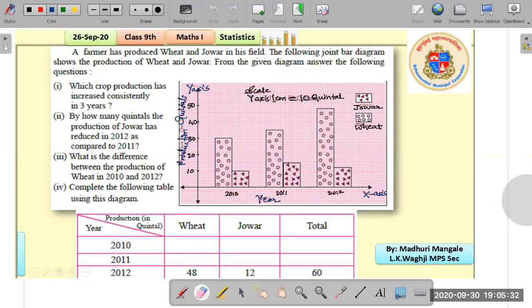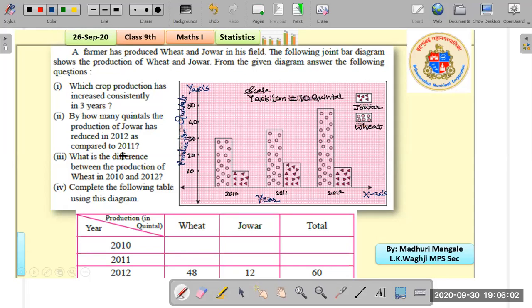So as you can see here, we are already given data for 2012. That is, wheat production was 48 quintals and jowar was 12 quintals. The total is given to be 60, right? Now let us fill the table quickly and then we will be answering these questions.